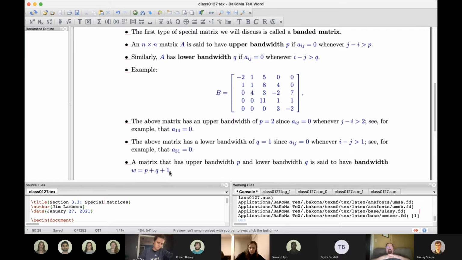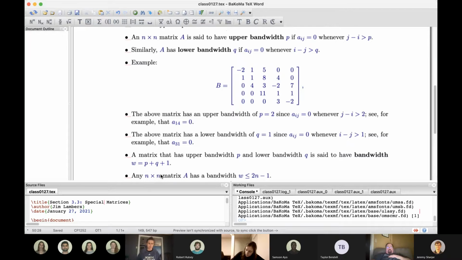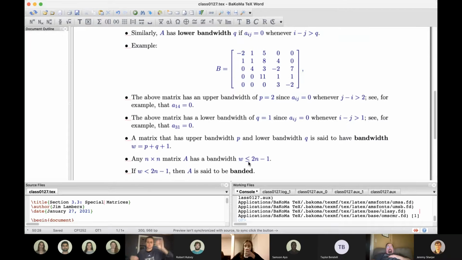So now for an n by n matrix, there's as many as n minus 1 superdiagonals. There's as many as n minus 1 subdiagonals. So the bandwidth is always less than or equal to 2n minus 1. But if it is less than 2n minus 1, then we say it's banded. What we care about most is a case where you have an n by n matrix, where n is large, but the bandwidth is particularly small.